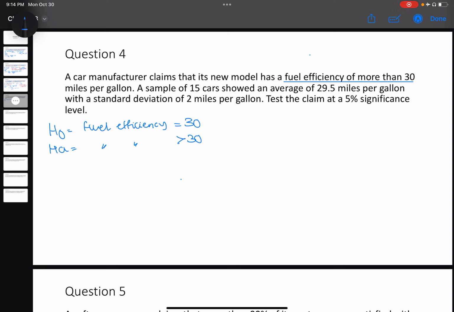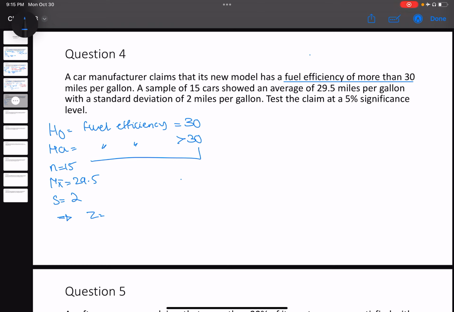Here, a sample of 15 cars, n equals 15, showed an average mu x bar of 29.5 miles per gallon with a standard deviation of 2 miles per gallon. Test the claim at 5%. Z is greater than 30. So here we can calculate the Z, the probability of fuel efficiency bigger than 30.